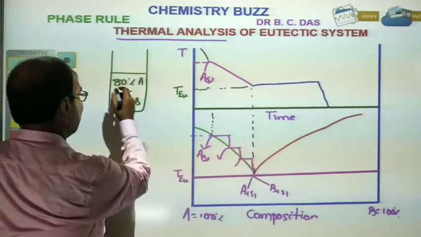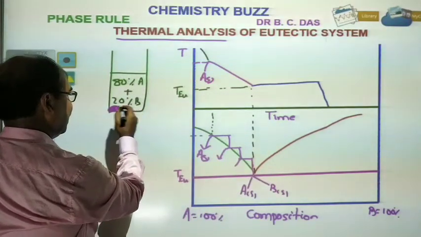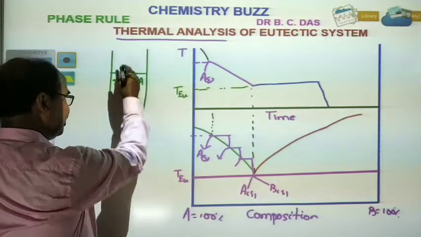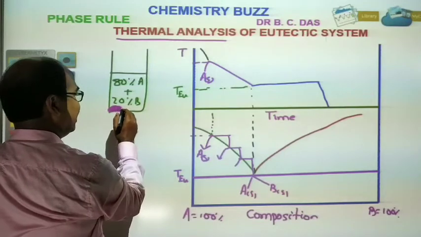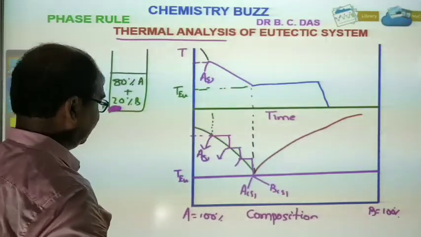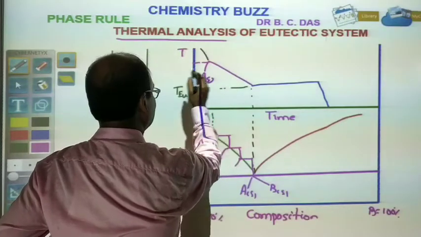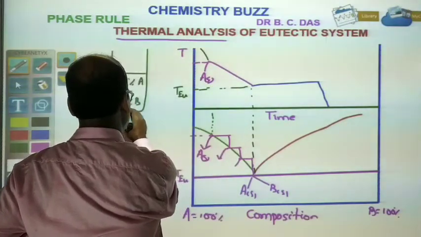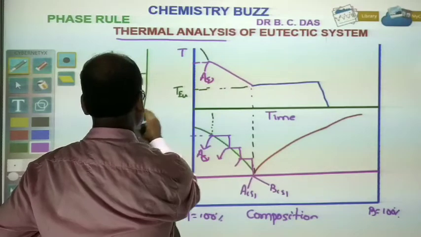So initially we have taken 80% A and 20% B, and when it is heated, then cooled, at this temperature some amount of A solidifies. With further cooling, more and more A solidifies and the composition changes.